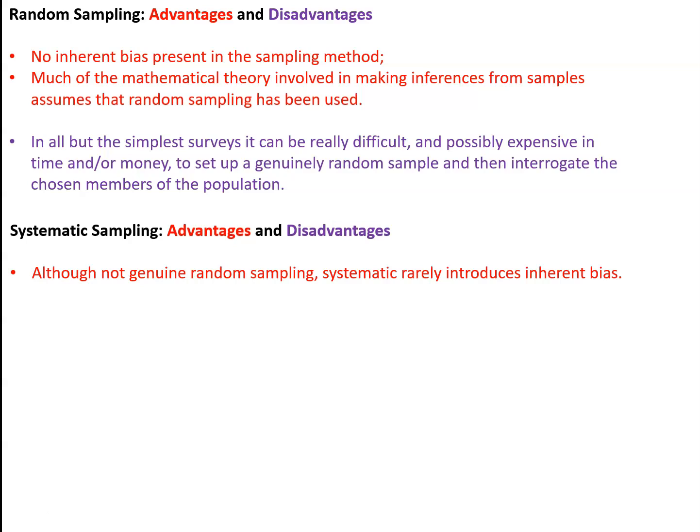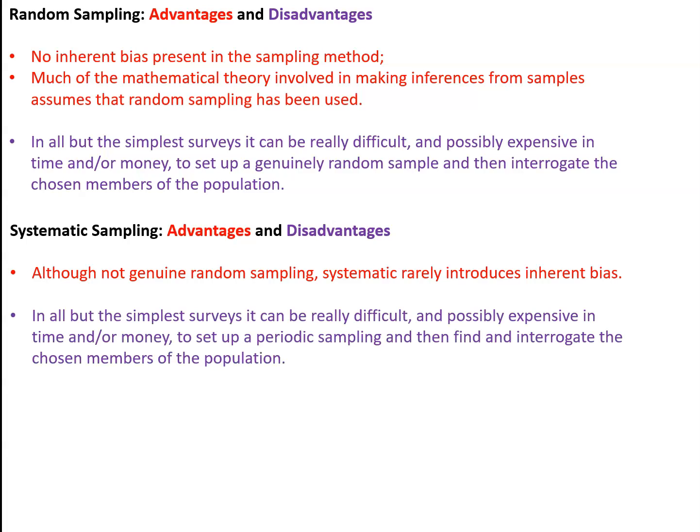For systematic sampling, it's got the advantage that it very rarely introduces inherent bias, and it's close to, but not technically, random sampling. But it's got the same disadvantages that random sampling can have.